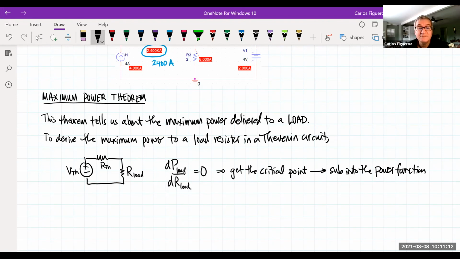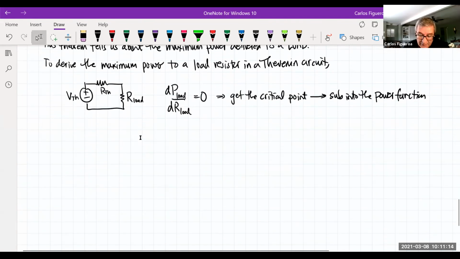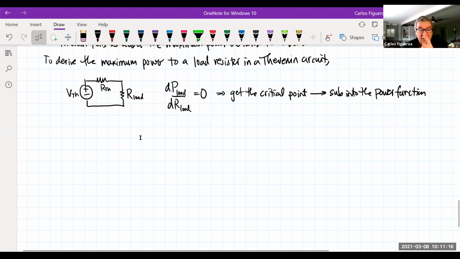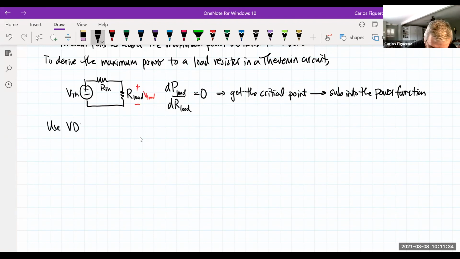This is a fairly simple calculation, but it'll be quick here. We can clearly see that we can calculate the voltage across the load. We'll use VDR to get V of the load.